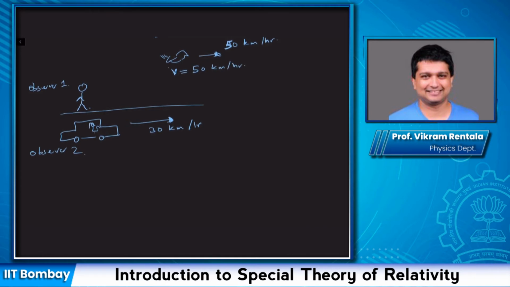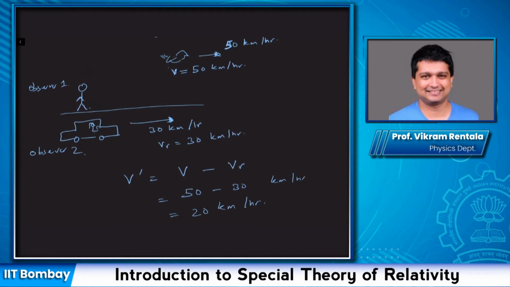The relative speed between you and your friend is 30 kilometers per hour. And therefore the speed of this bird as measured by your friend would be the speed of the bird, v, minus the relative velocity between you and your friend. Okay, so in other words, this would be 50 minus 30 kilometers per hour, or 20 kilometers per hour.